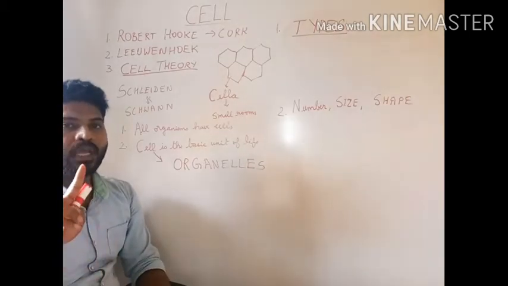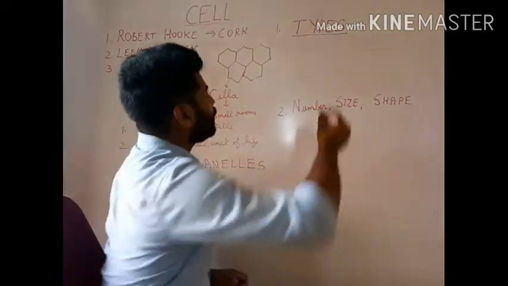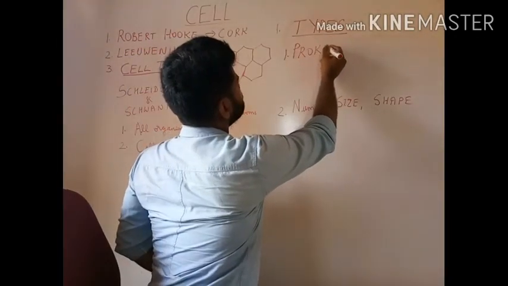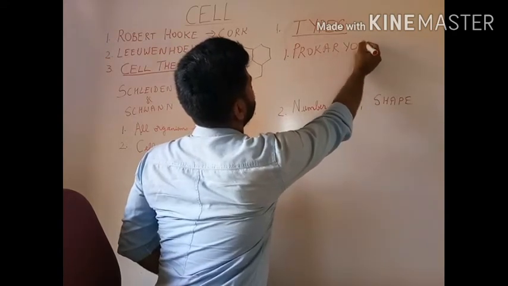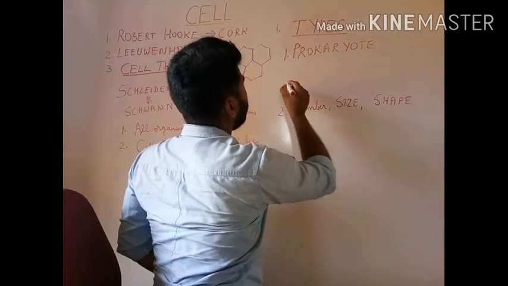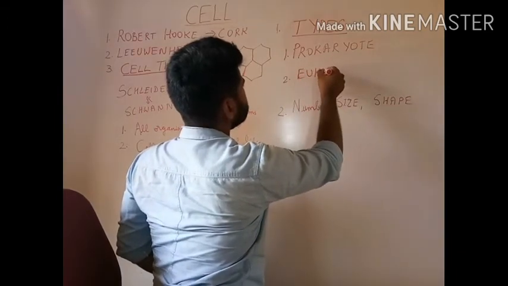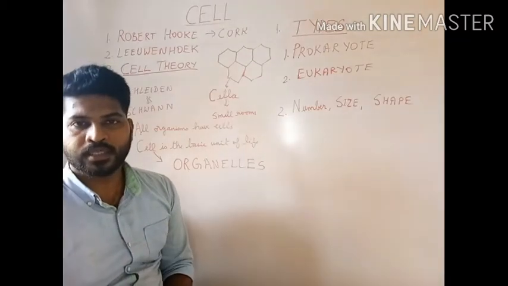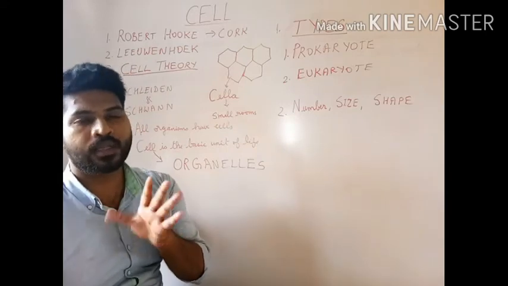There are two types of cells. The two types of cells are prokaryotes and eukaryotes. This differentiation is done based on the presence or absence of a nucleus.